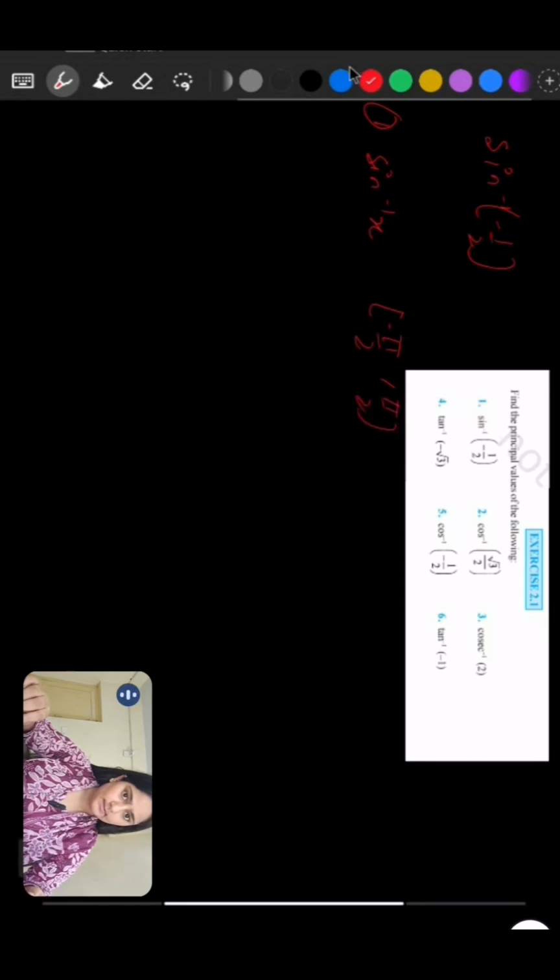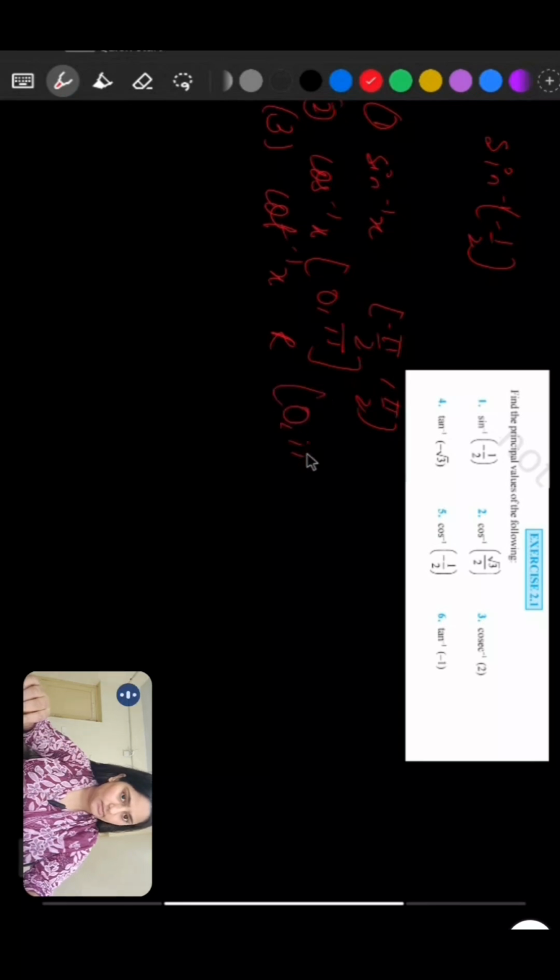The second is cos inverse x, and the range is 0 to pi. The third is cot inverse x, and the range is 0 to pi. The fourth is tan inverse x, and the range is minus pi by 2 to pi by 2.